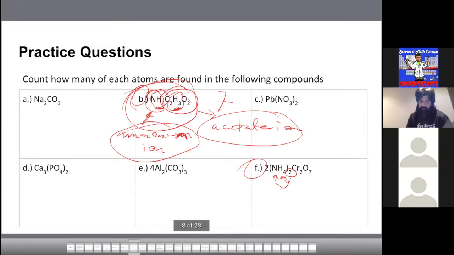This 2, however, and let me use a different color, this 2 here would get multiplied within the brackets, but it would also get multiplied with the rest because they're all connected as one full formula. Okay, so that's a full compound. And what we have here is, in fact, two polyatomics. The ammonium polyatomic is right there.